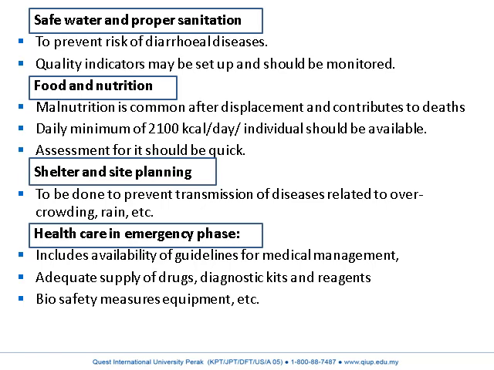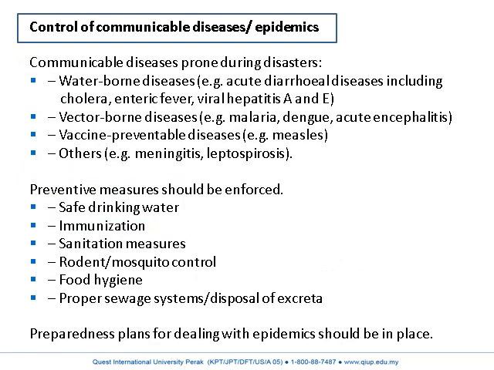Healthcare includes availability of guidelines for medical management, adequate supply of drugs and diagnostic kits, like in epidemics of coronavirus. Adequate diagnostic kits, medicines, reagents for testing, biosafety measures and equipment should all be there.